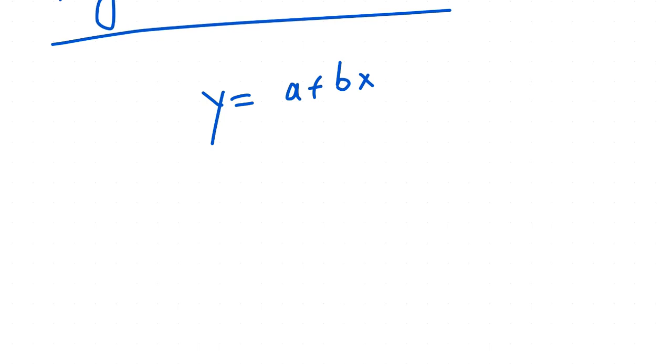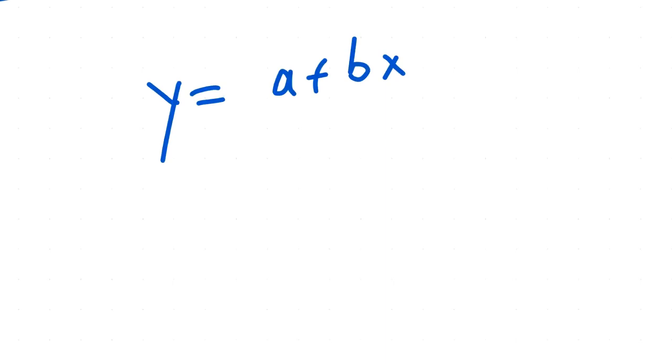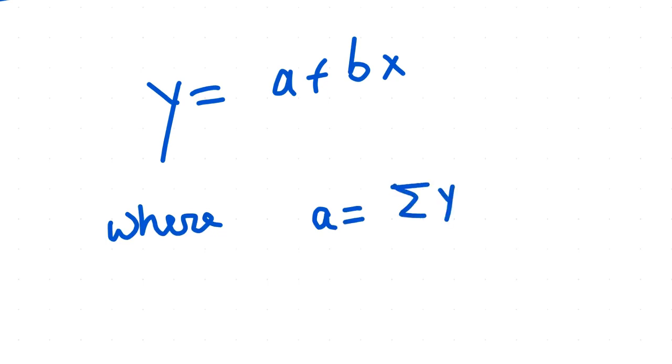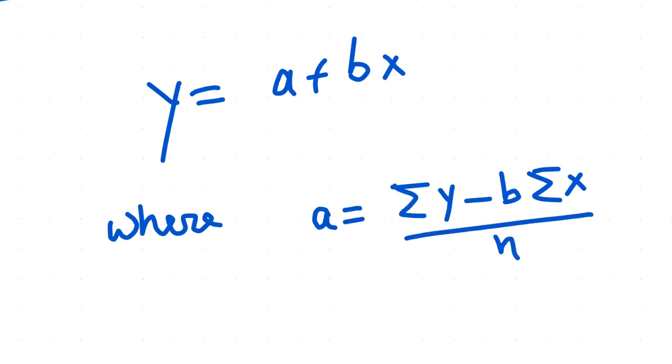And where a is equal to summation y minus b into summation x over n. First of all, we need to find b, because to find a, we need b.